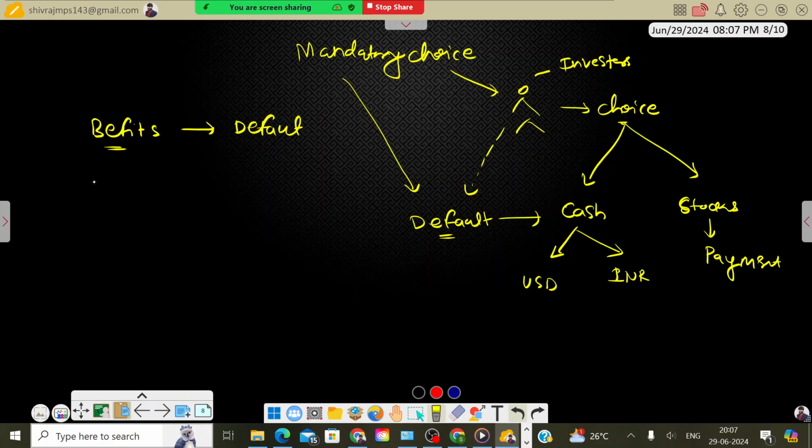But you will have a choice, so you can select the option for the benefit that you want, because the payment or benefit or corporate action will by default process to the investor, but the investor can select the option.